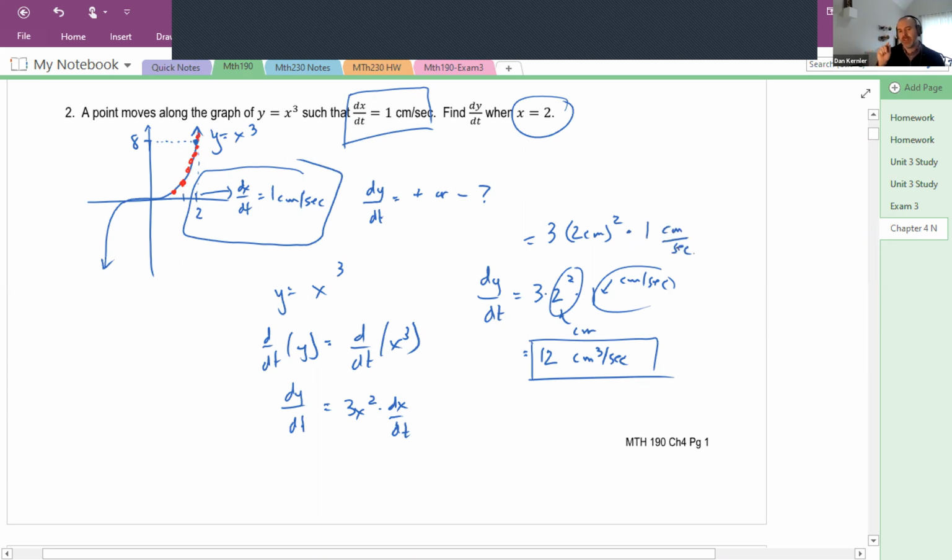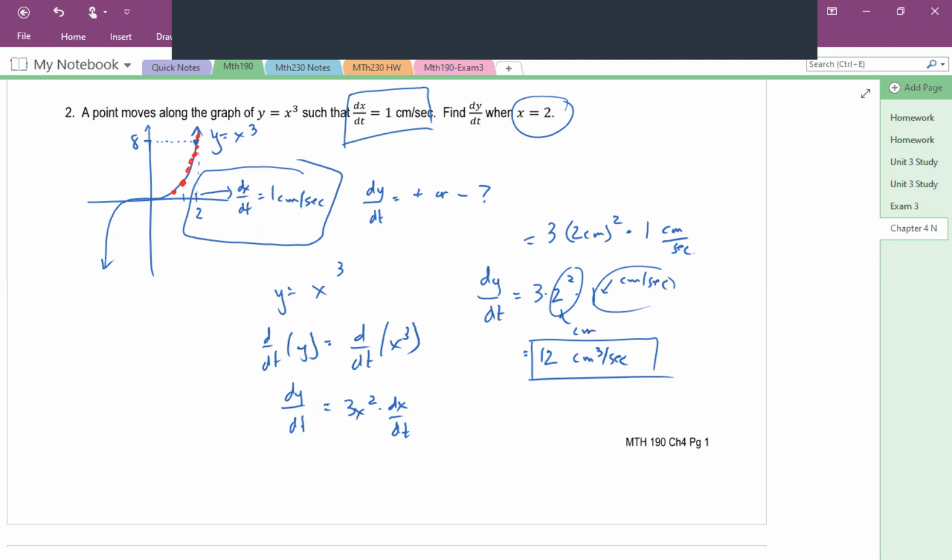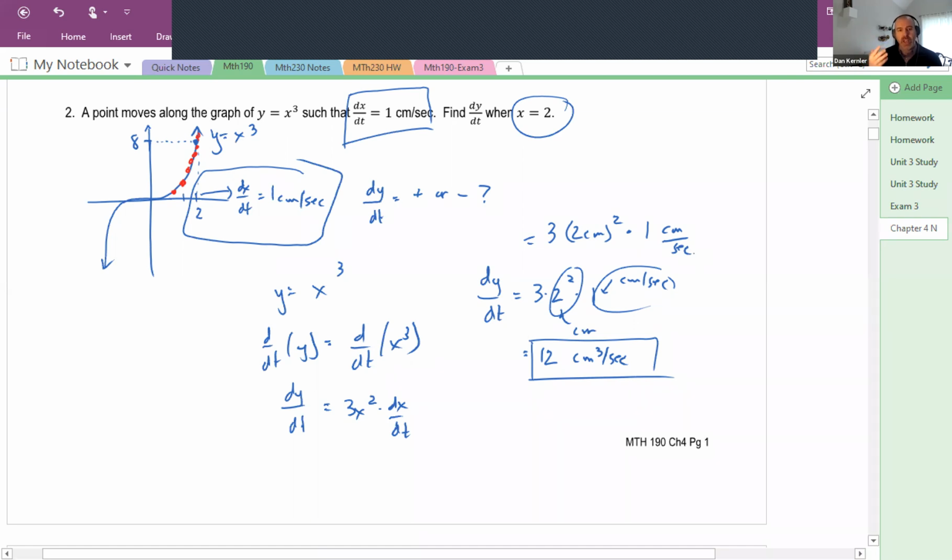So you get centimeters squared from the 2, and then you have another centimeter from the dx dt centimeters per second. All right, thank you. And you can just think about y. Y is x cubed. If x is in centimeters, then y must be centimeters cubed. And we're looking at a rate of change, so that means it must be centimeters cubed per second.